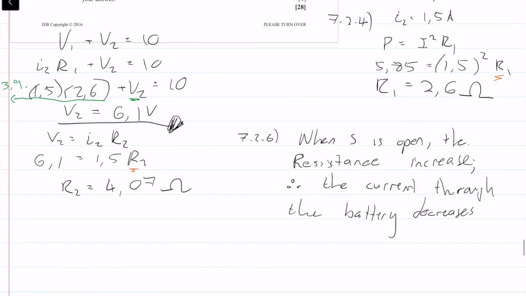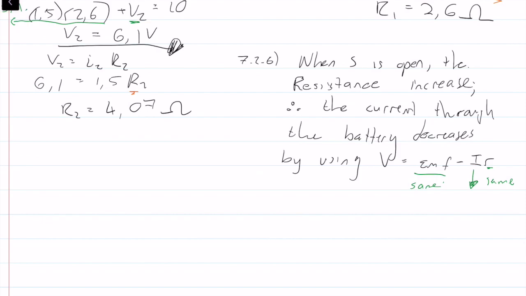Now we can use the equation V is equal to the EMF minus Ir. The EMF stays the same, the small resistance r stays the same, but I goes down, right? So if I goes down, then voltage would increase because now we are decreasing the EMF less, if that makes sense.